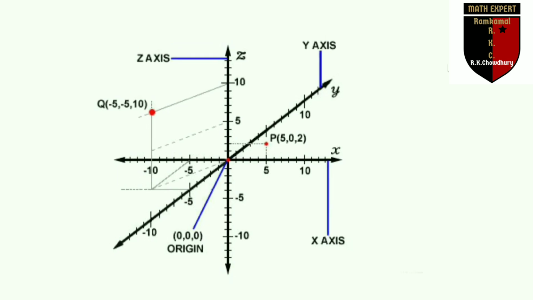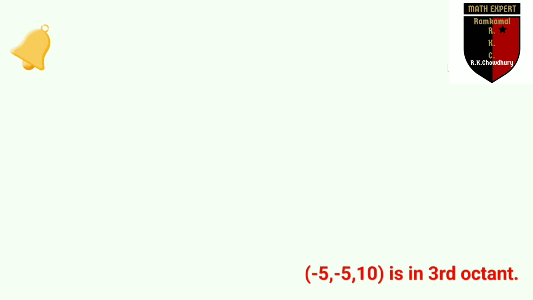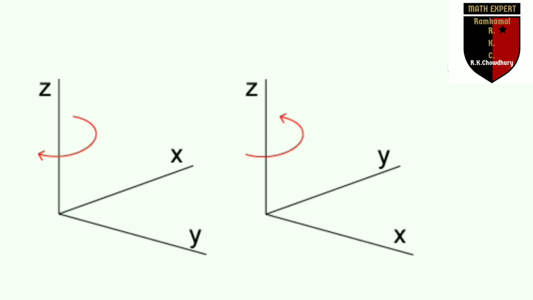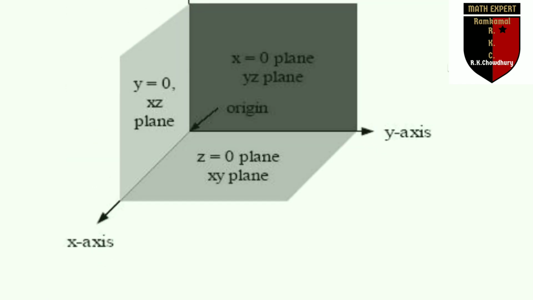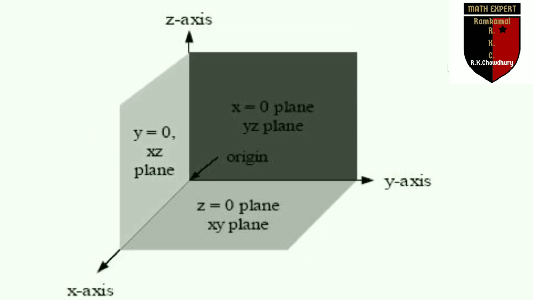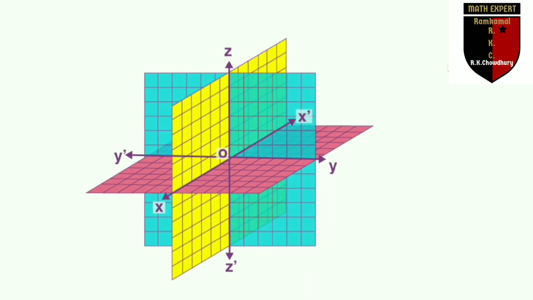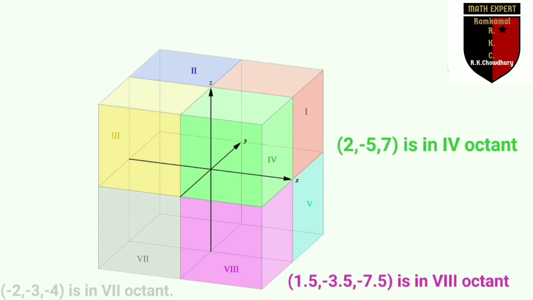The x-axis is the horizontal line along which the wall to your left and the floor intersect. The y-axis is the horizontal line along which the wall to your right and the floor intersect. The z-axis is the vertical line along which the walls intersect.